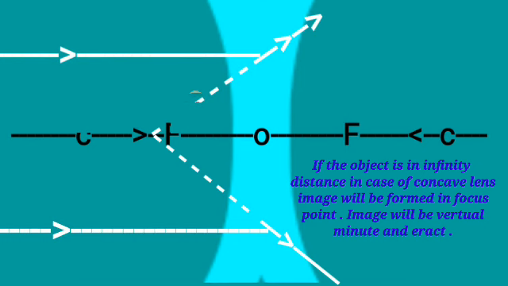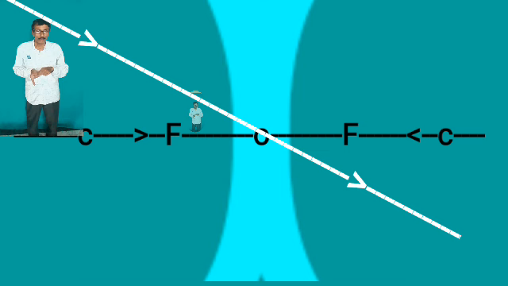If the object is at infinity distance, in the case of a concave lens, the image will be formed at the focus point. The image will be virtual, minute, and erect. Okay? Here, the blinking point is the minute image of the object.